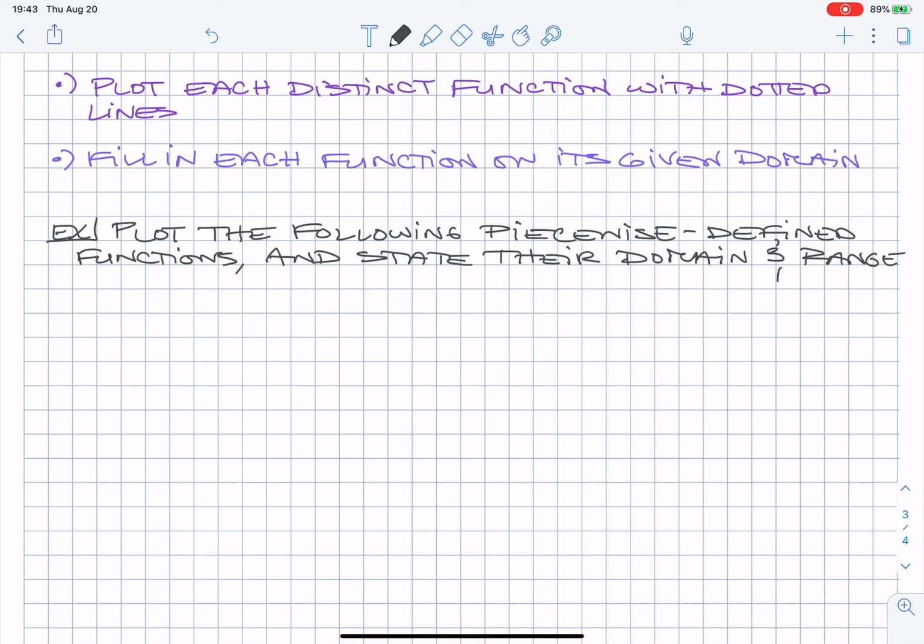Okay, so number one, let's say we have that f of x is defined piecewise, meaning there'll be multiple pieces. The first piece is negative x squared plus 3, and the domain will be x between negative 2 non-inclusive and 1 inclusive. The next will be 2x, and the domain for that will be x strictly greater than 1.